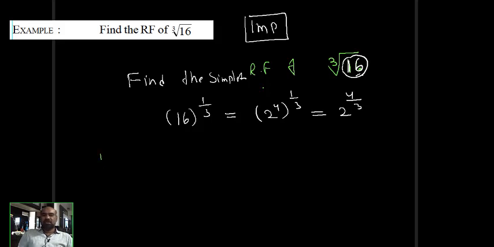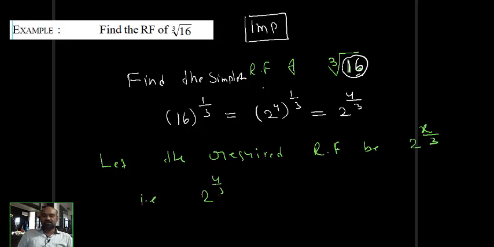Now let the required RF be 2 power x by 3. That is, 2 power 4 by 3 should be multiplied with 2 power x by 3, and we should get a rational number.